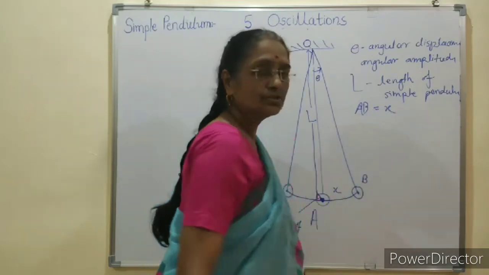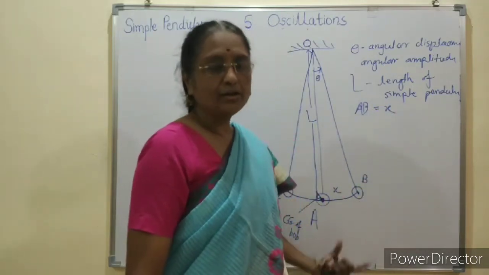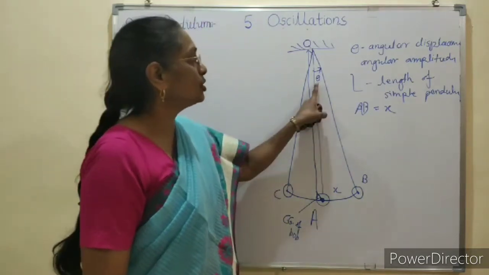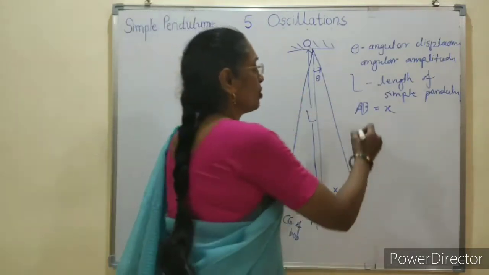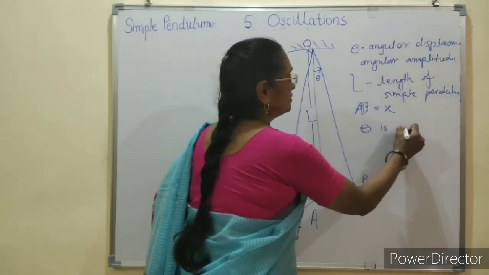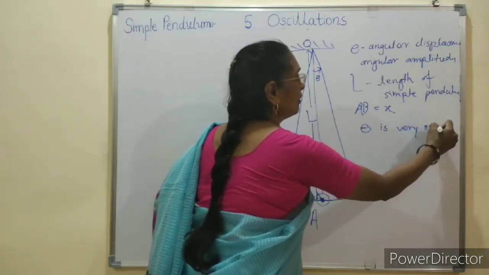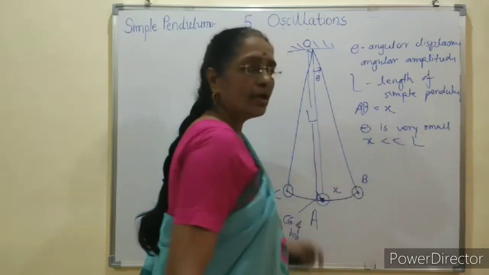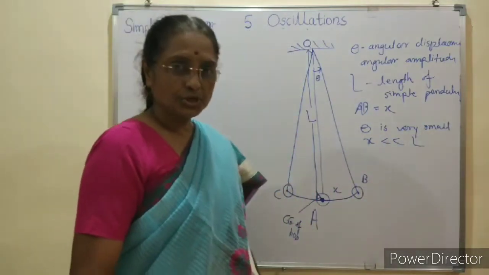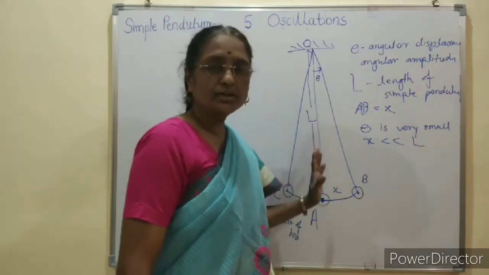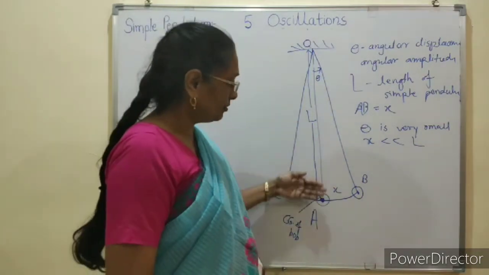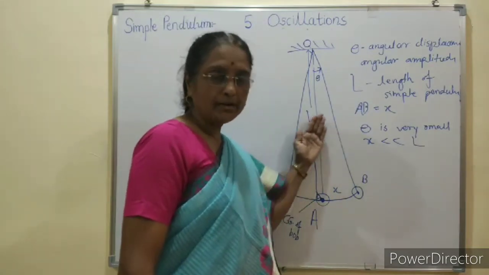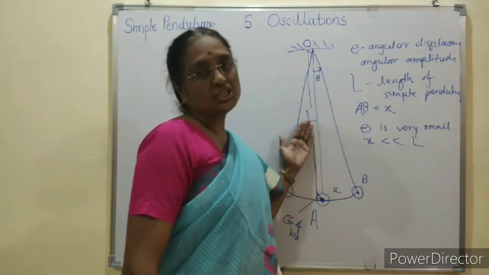It is actually arc of a circle, but it is taken as linear displacement because this theta is very small. X is very smaller than L. This is the assumption. And second assumption is that the vibrations are in one plane and the plane is vertical plane.